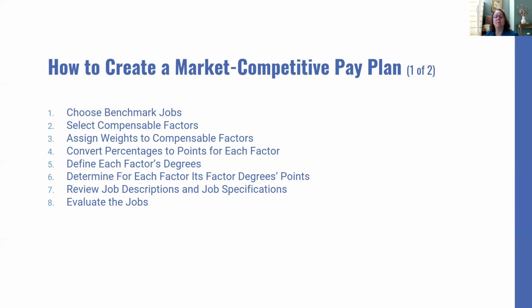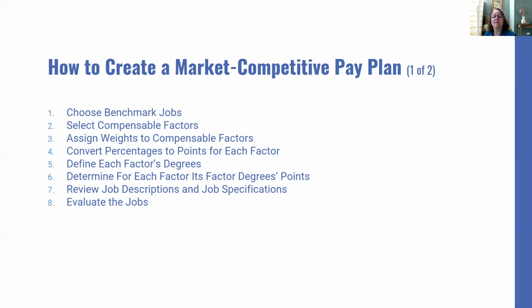The choice of compensable factors depends on tradition and on strategic and practical considerations. The employer should carefully define each factor, and this is to ensure that the evaluation committee members will each apply the factors with consistency.